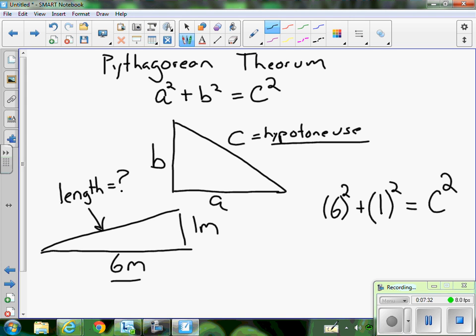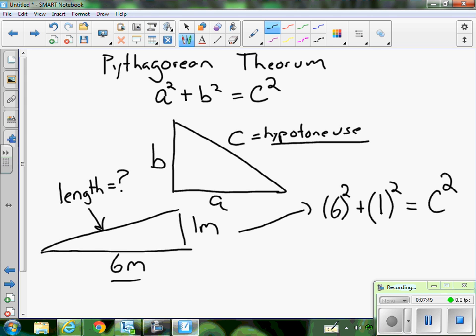And I want to know how long of a board I need in order to do that. Well, to do that, I need to actually apply the Pythagorean theorem. And so what I've done over here is I've begun to do that.